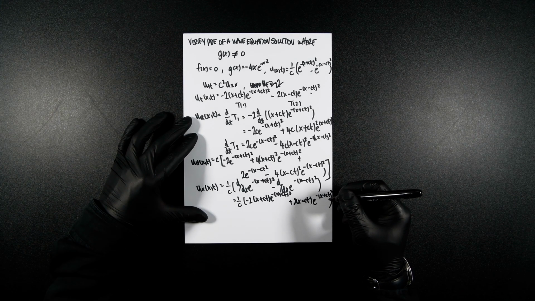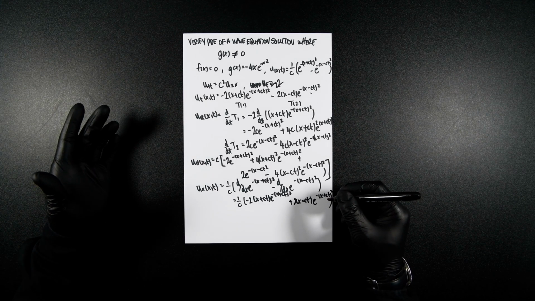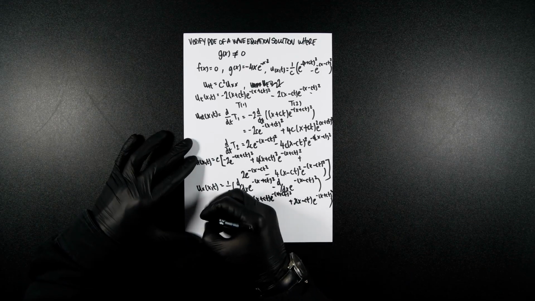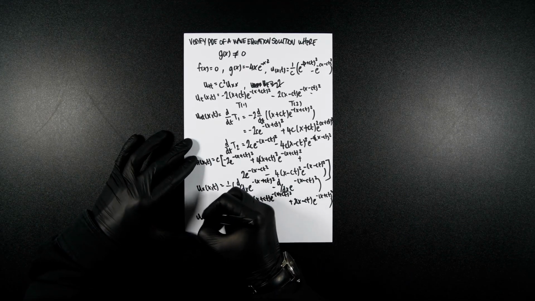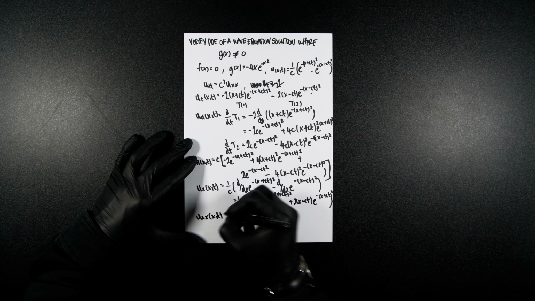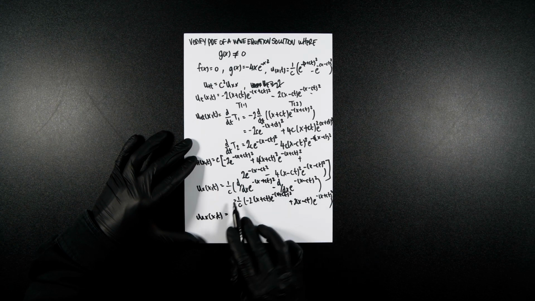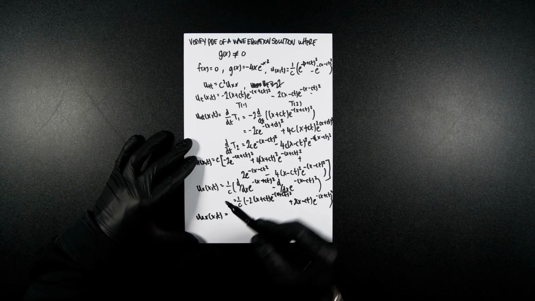And then we've got to differentiate it again. So let's see if we can not waste another piece of paper and fit this all on. So we're going to differentiate this again.